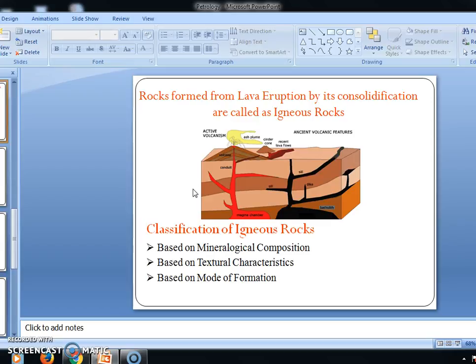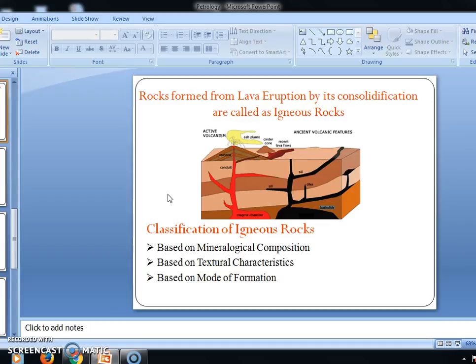Then there are various types of igneous rocks. Classification of igneous rock is based on the mineralogical composition, the textural characteristics, and the mode of formation. Based on the mineralogical composition means which minerals are contained in the igneous rocks. Texture is a property of a rock which shows the size, shape, and arrangement of mineral grains in the rock body.